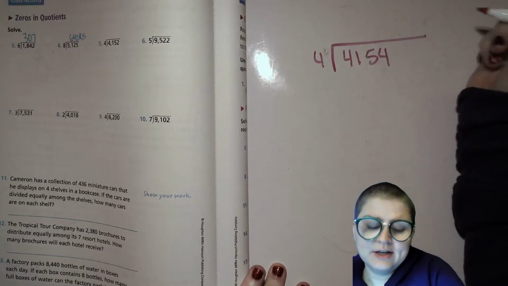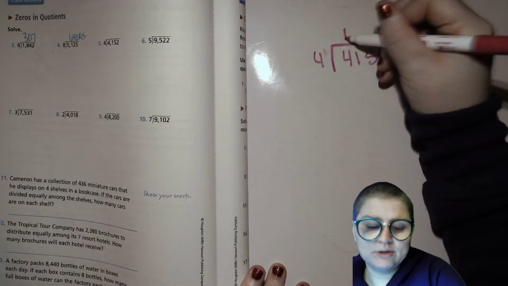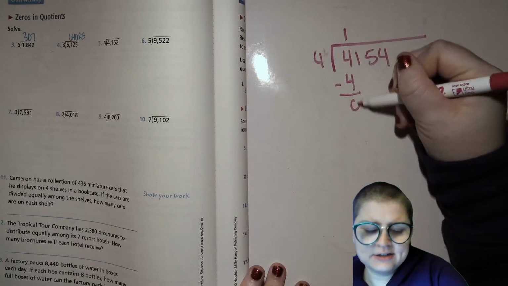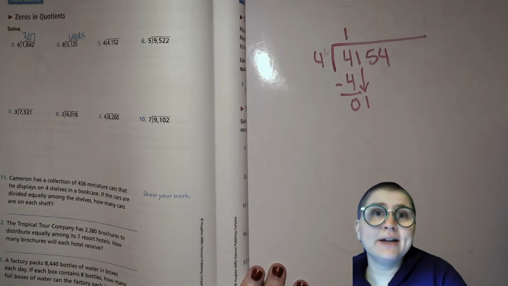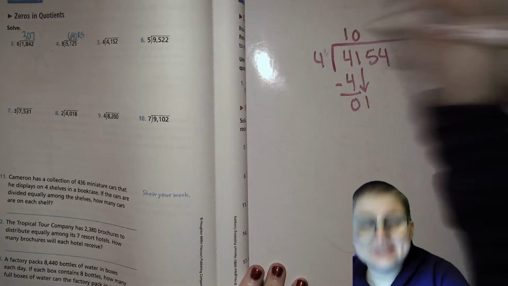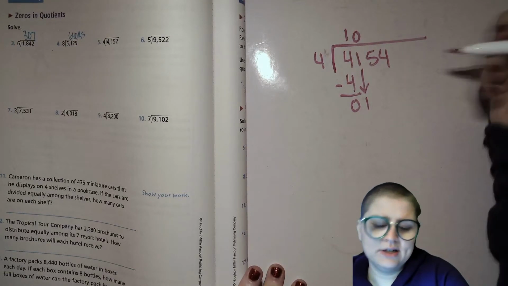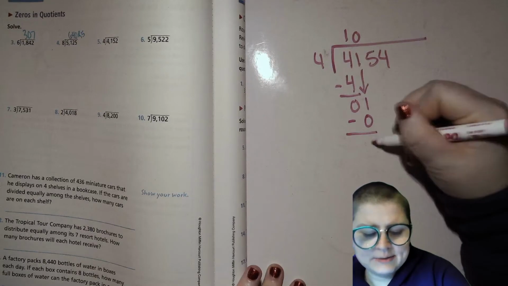4,154. Okay, can 4 go into 4? How many times? Once. 4 times 1 is 4. Subtract 0, bring down that 1. 1. What do we do here? Panic? Cry? No, of course not. We just know that 4 goes into 1 0 times. You can't have even 1 4 inside of 1. So then we multiply 4 by 0, and we have 0. We have 1.